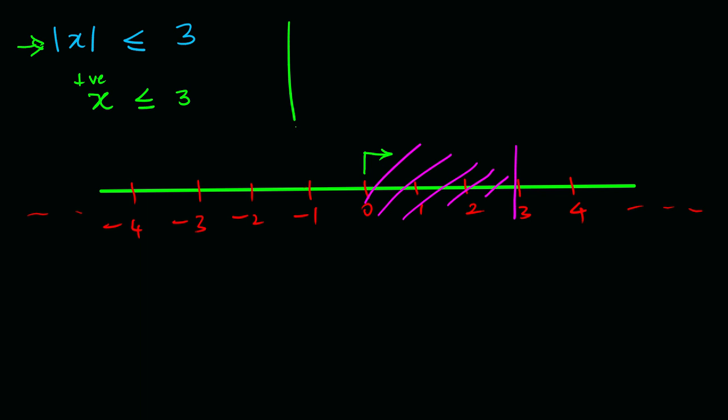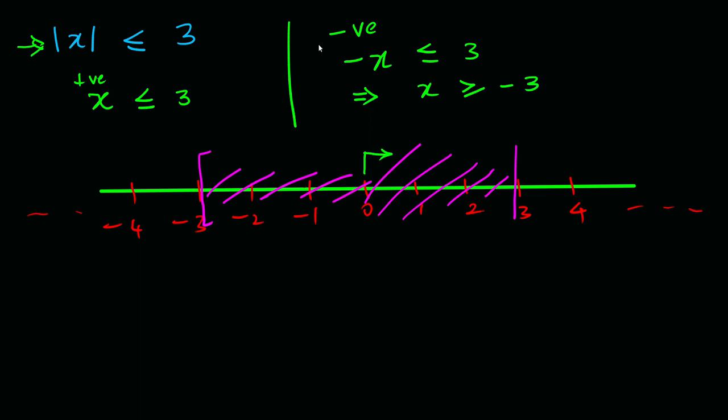And now when x is negative, mod x can be replaced by minus x less than or equal to 3, and if we multiply by minus sign on both sides, the inequality reverses and we get x greater than or equal to minus 3. So now that is defined by this interval.